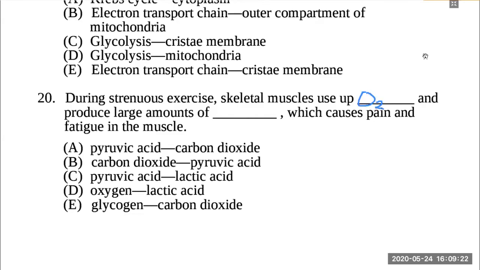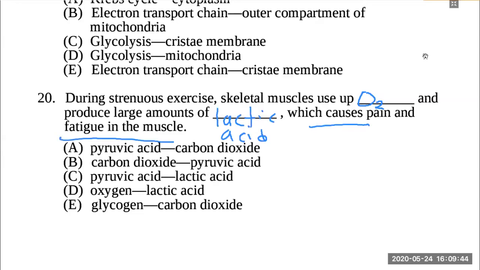As we continue exercising, it produces a large amount of what? Lactic acid. Lactic acid is produced during lactic acid fermentation, which causes pain and fatigue in the muscles.